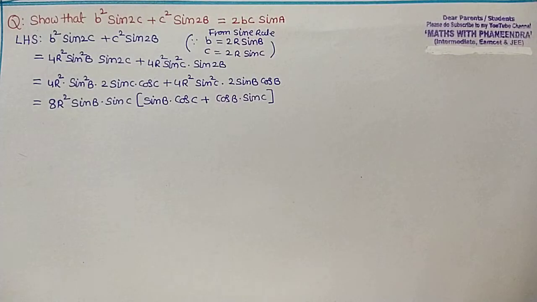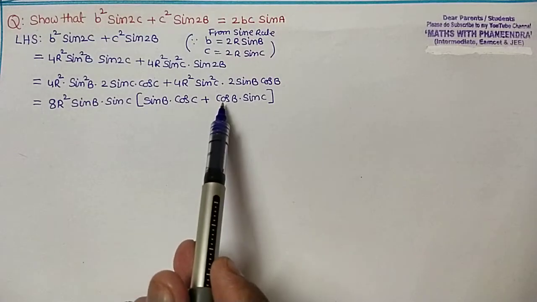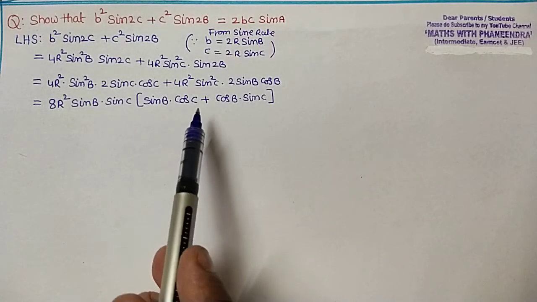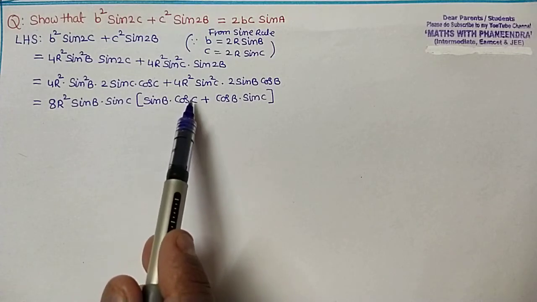This bracket value is in the form of sin A cos B plus cos A sin B, sin of A plus B, no? But here instead of A and B, B and C is there.